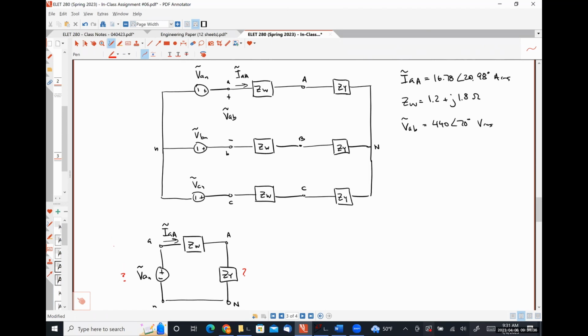In order for us to figure out that voltage VAN, we need to look for a relationship that is going to relate it to that given voltage VAB. So what I'm going to do is write the Kirchhoff's voltage law equation around this path.